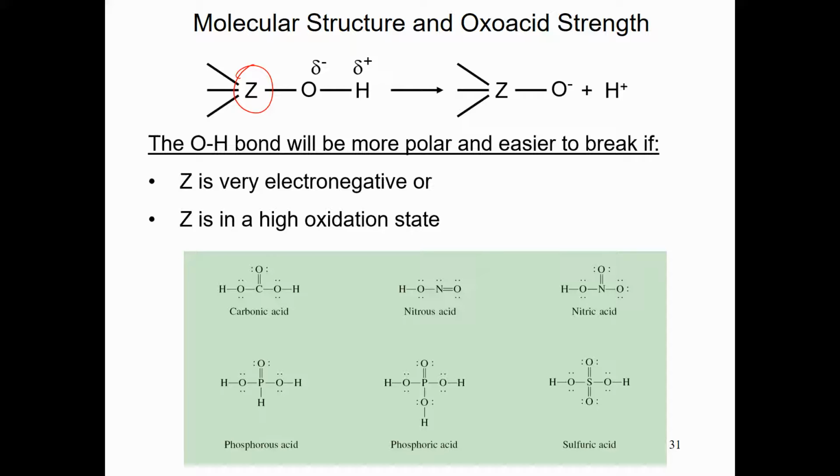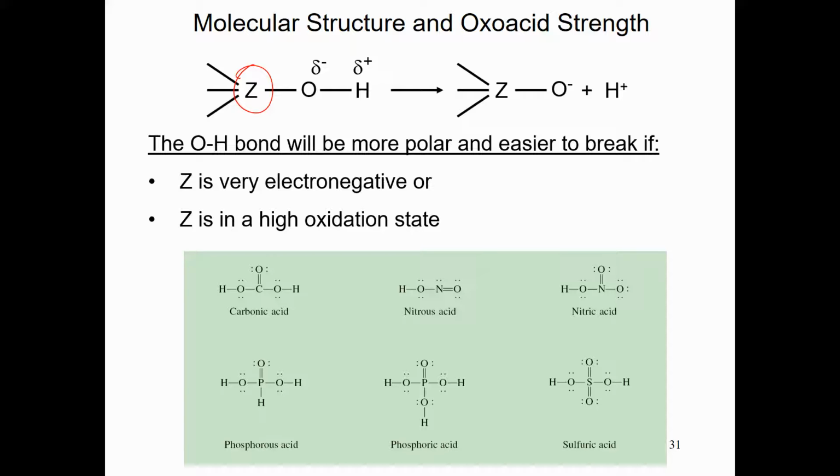Okay, so we have 3 hydrogens and 3 oxygens, right? So this is a weak acid. Phosphorous acid, weak acid. Phosphoric acid is also a weak acid. 4 oxygens, 3 hydrogens. The ratio of oxygens to hydrogens isn't great enough to make it a strong acid.